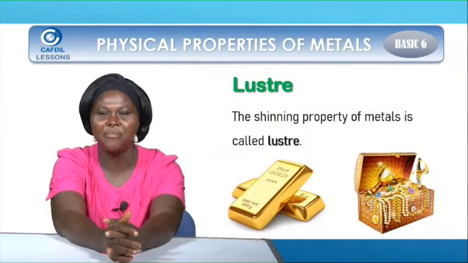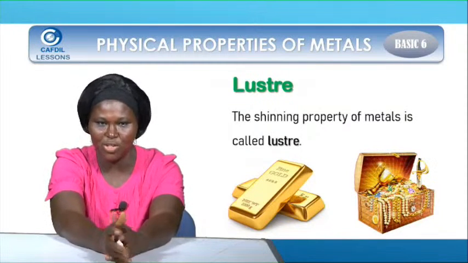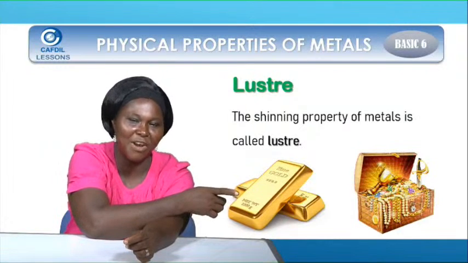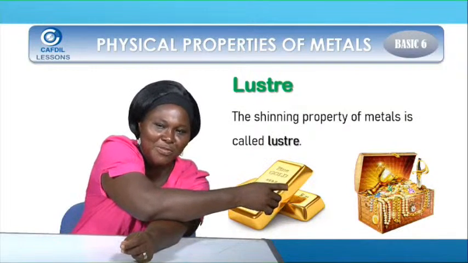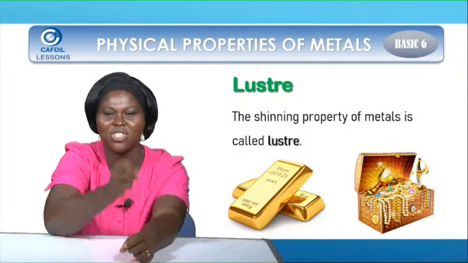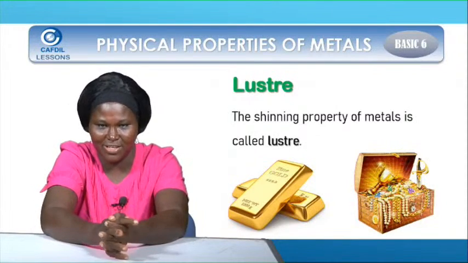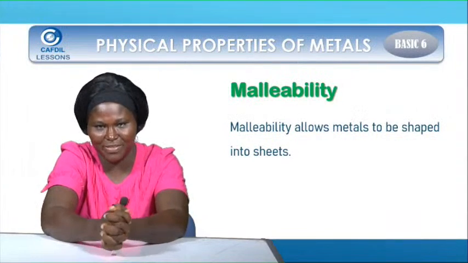Let's look at the gold. It is very shiny. Let's look at the other picture too. They are shining, isn't it? So when metals shine, they show the property of luster.